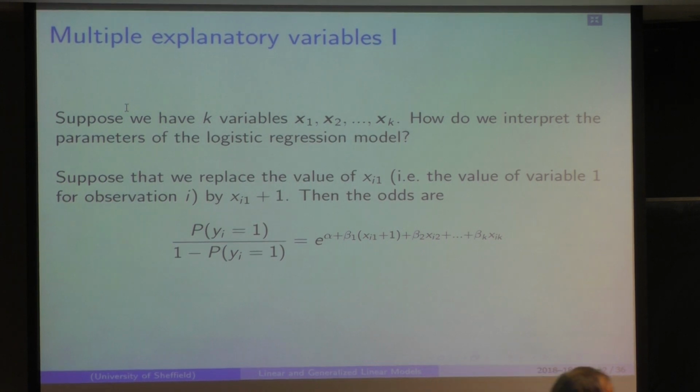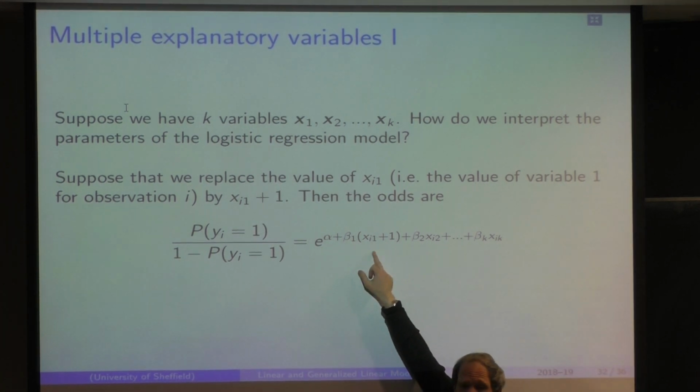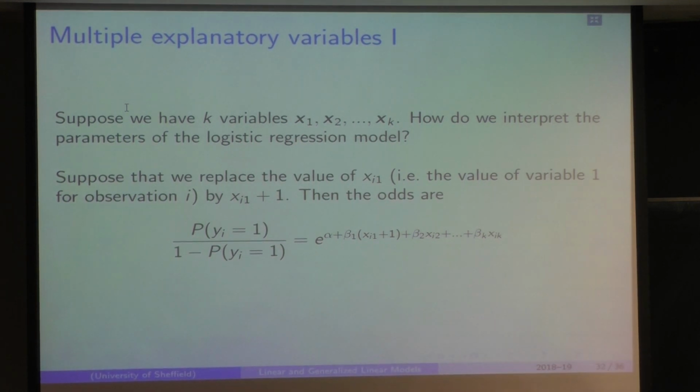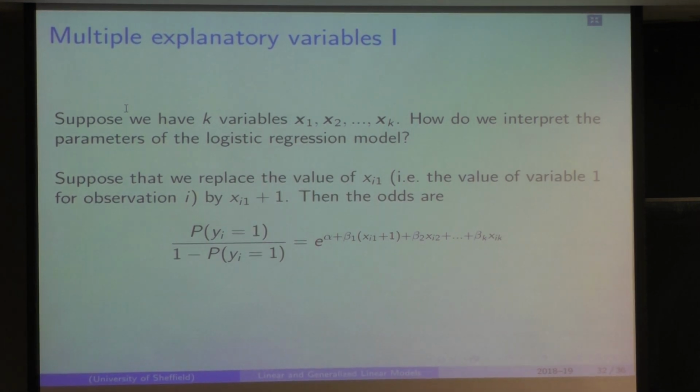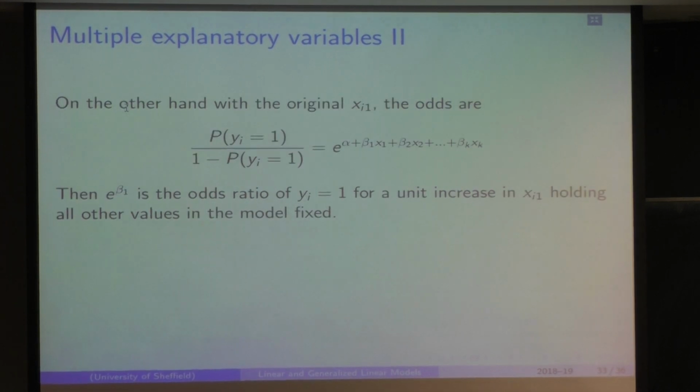Okay, so if we just want to compare what our odds are for making just this change, increasing the value of variable 1 by 1, the original odds would be the same here, except that they just have xi1 here. So those are the original odds with the original xi1. If you increase that by 1, the only change is that you get that xi1 plus 1 there.